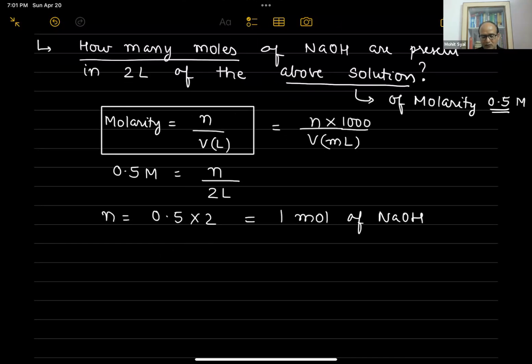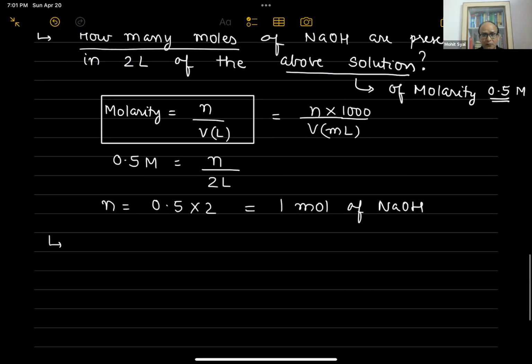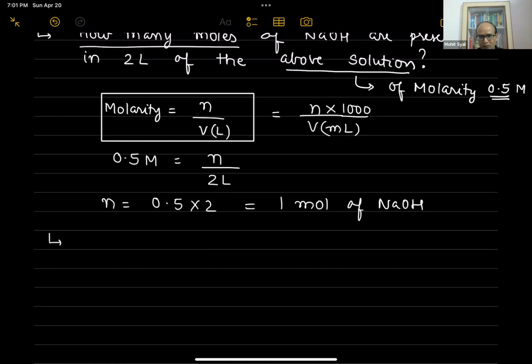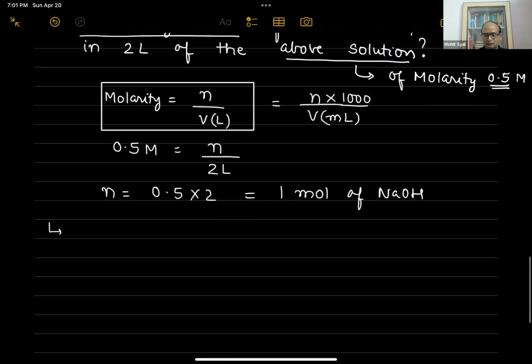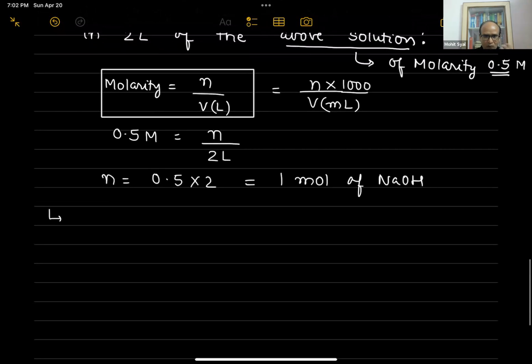Next question is, what happens if you add more water to a solution? What happens to its molarity? Suppose a sugar solution is there. We can also find the molarity by calculating the number of moles of sugar, right? So what happens if we add more water to it? What happens to molarity?